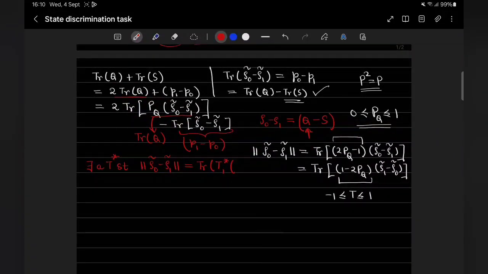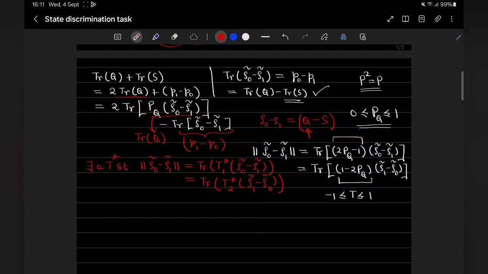So one is 2p minus 1, that is rho 0 tilde minus rho 1 tilde, and which is equal to trace of t 2 star rho 0, no, this is not correct. It is rho 1 tilde minus rho 0 tilde.